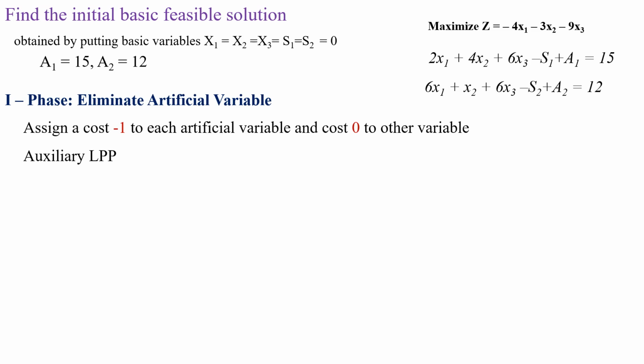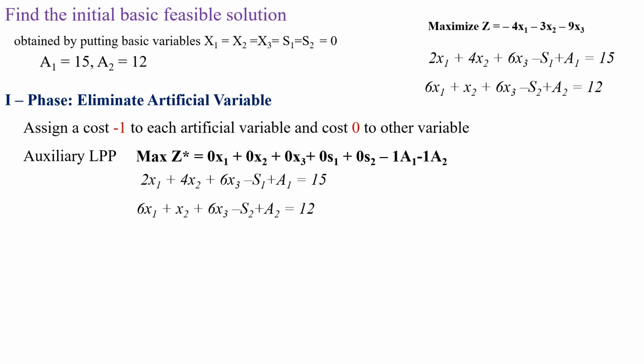Then the auxiliary LPP becomes maximize z star equal to 0x1 + 0x2 + 0x3 + 0S1 + 0S2 - A1 - A2. Here the A1, A2 cost coefficients are -1, and the remaining variables' cost coefficients are 0.